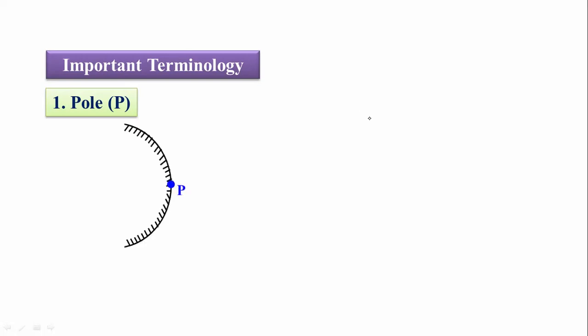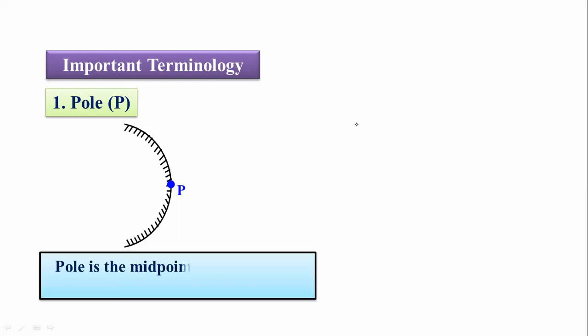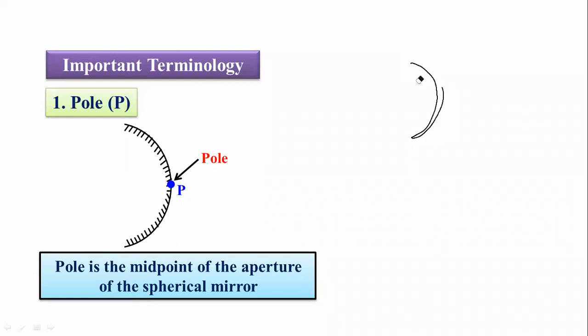Okay, so the first one is pole. Pole is nothing but the midpoint of the aperture of a spherical mirror. The aperture is the surface, and the point in the middle of it, we call it the pole. Take any mirror, it may be convex or concave. This midpoint of the aperture, we call it the pole. So this is very, very important. Next, all the statements that come, you should understand properly.